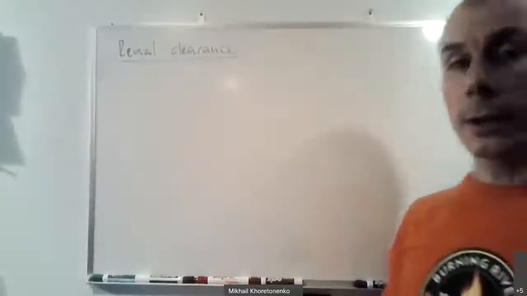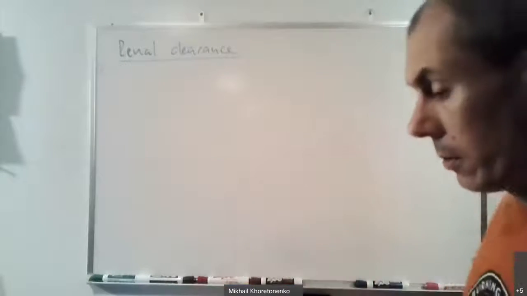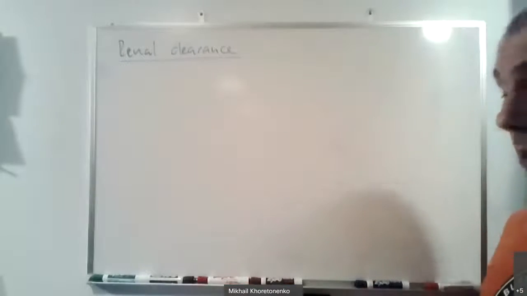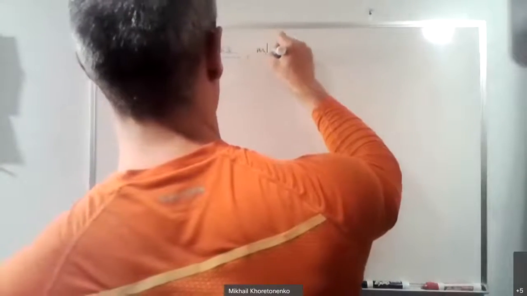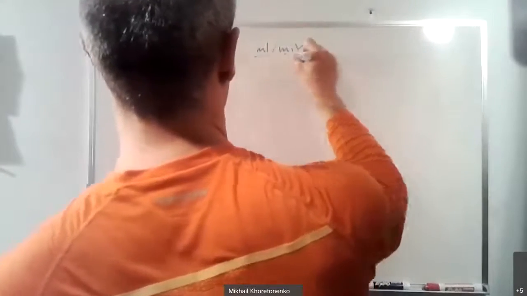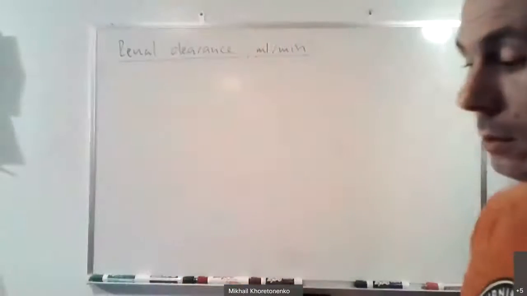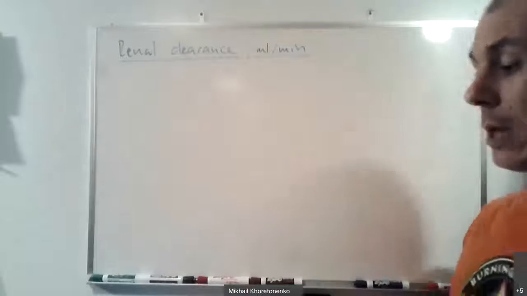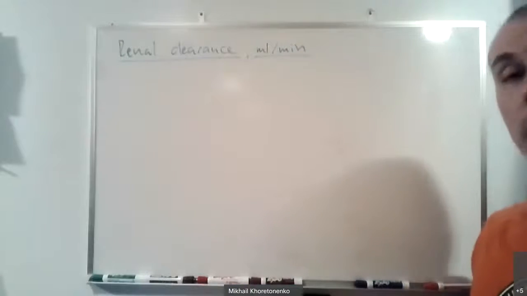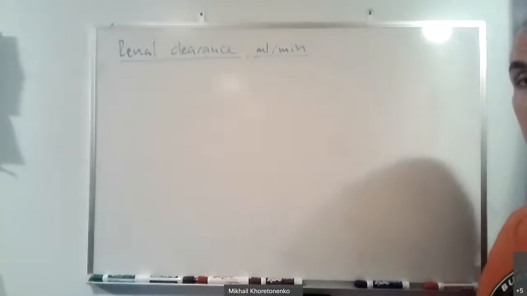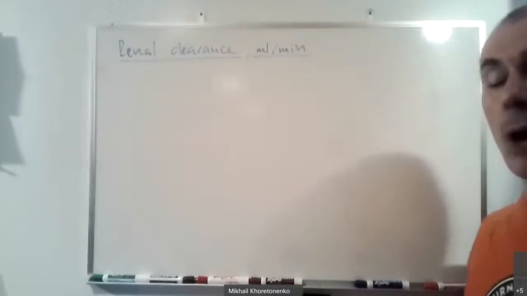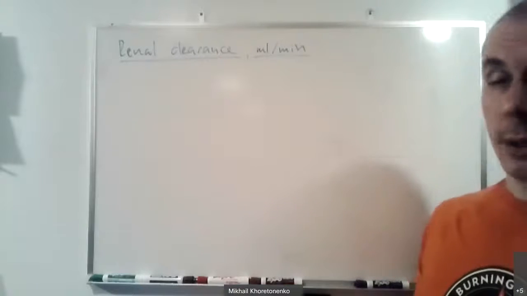So renal clearance is the parameter that is measured in milliliters per minute, which explains how fast a particular chemical is removed from the blood, or how effectively it is removed from the blood.